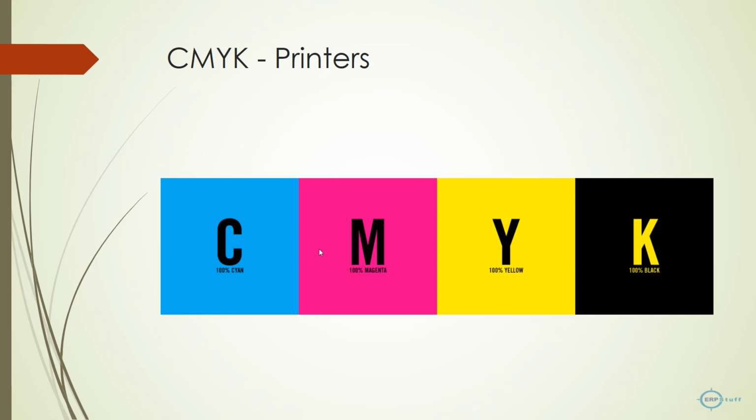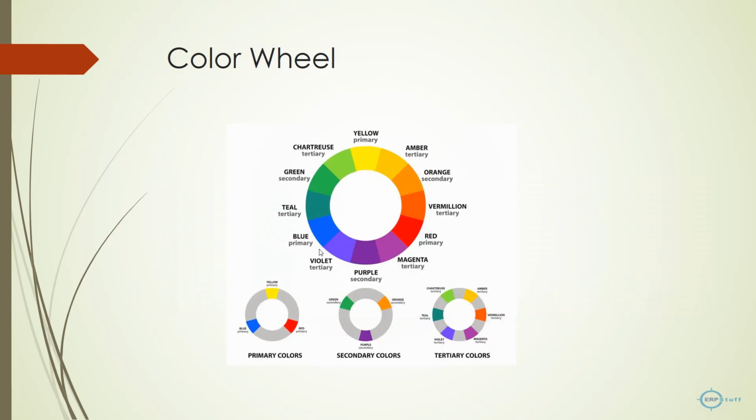Normally these four you can find in your color printers, which are inkjets. You will have four CMYK cartridges. Okay, this is for printers.